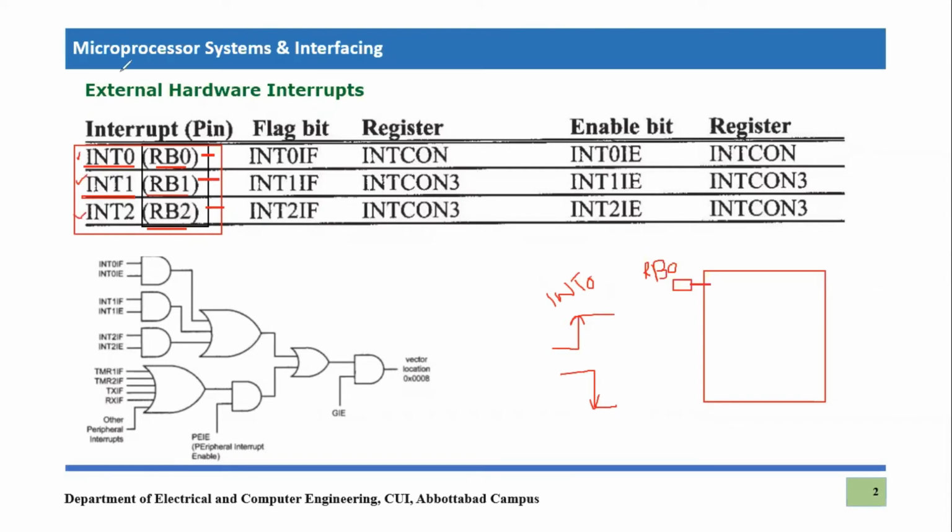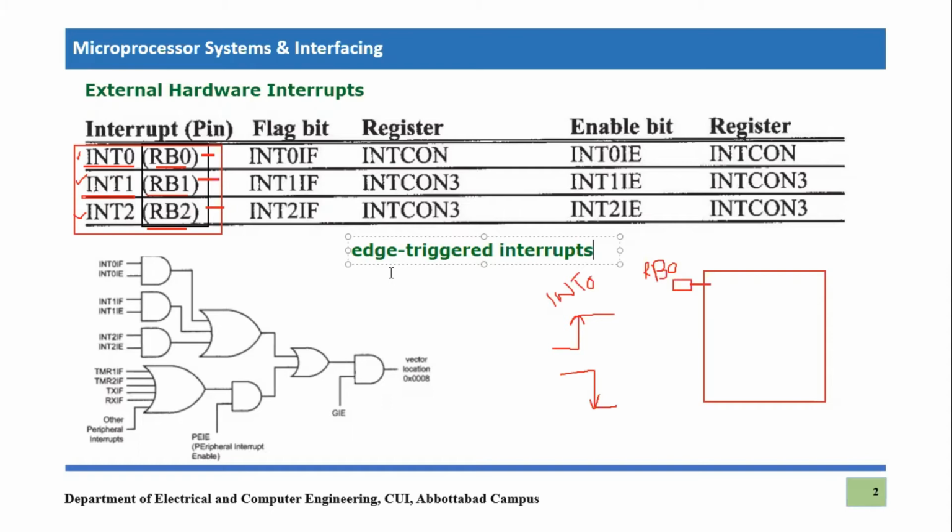What are edge triggered interrupts? Let me write it for you. These are edge triggered interrupts. Earlier we discussed the timer 0 interrupt. We know that whenever rollover happens, the timer 0 IF flag changes from 0 to 1. That means we are talking about a transition of levels. Here too, these are edge triggered.